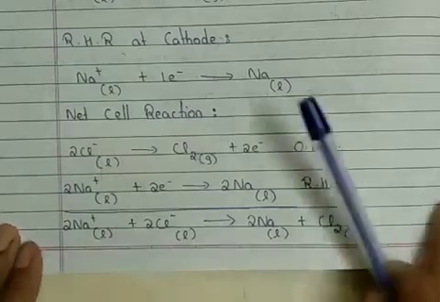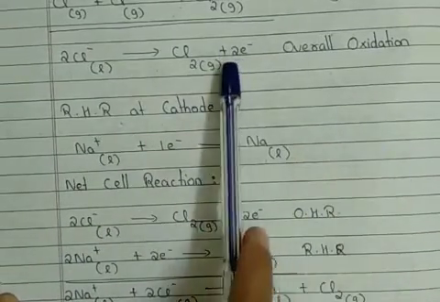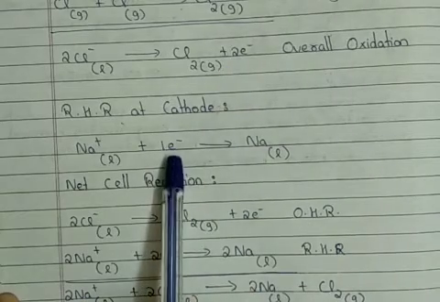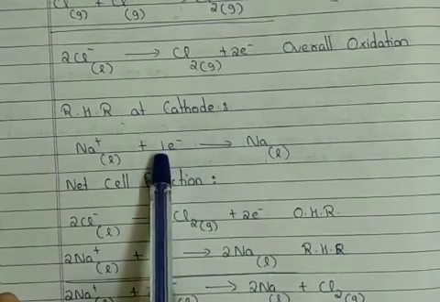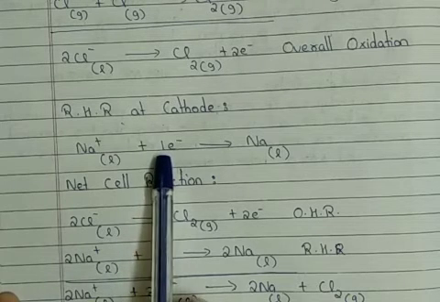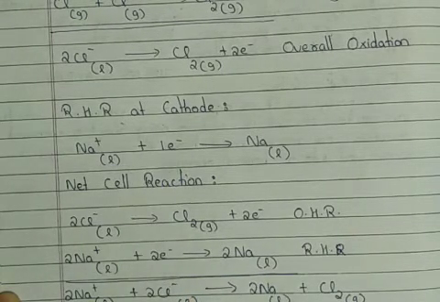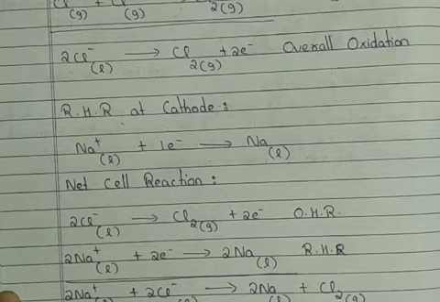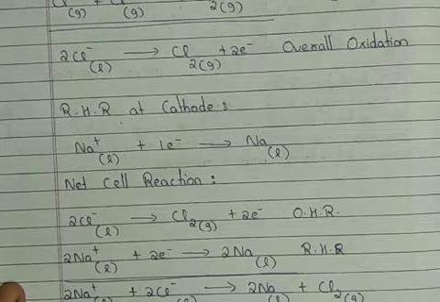Now, if you concentrate, at the anode the transfer of electrons was 2, whereas at the cathode it was 1. Always remember, there can never be electrons left in the pool. The number of electrons lost should always be equal to the number of electrons gained.